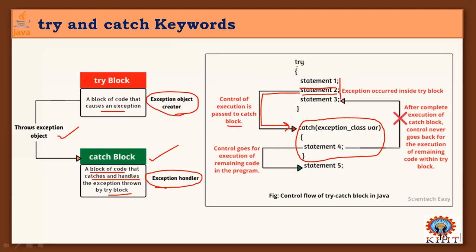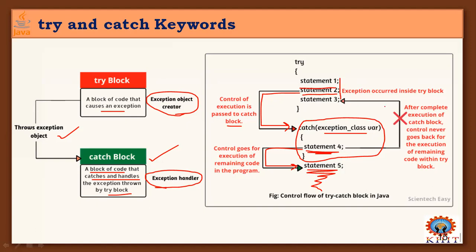Remember this one. After the try block, immediately a catch block should be defined based on the type of exception generated. After catching this exception by this catch block, some part of code handles that exception, and after that control goes as it is after this catch block and continues the execution, and it doesn't return to the try block again.